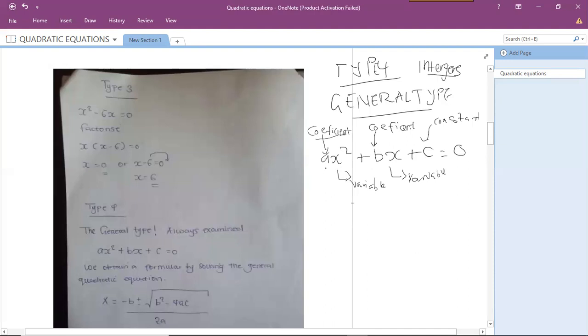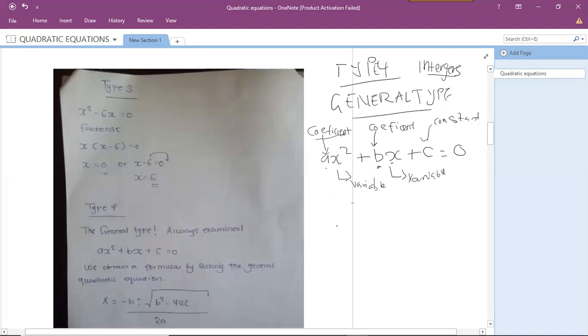Just notice that the coefficients will always be the same. The first coefficient, on x squared, is a. The second coefficient, on x, is b. And then there's the constant term without any variable. It's called a constant term because there's no variable there. Any quadratic equation is in the order of decreasing powers of x, or if it's in y, decreasing powers of y.